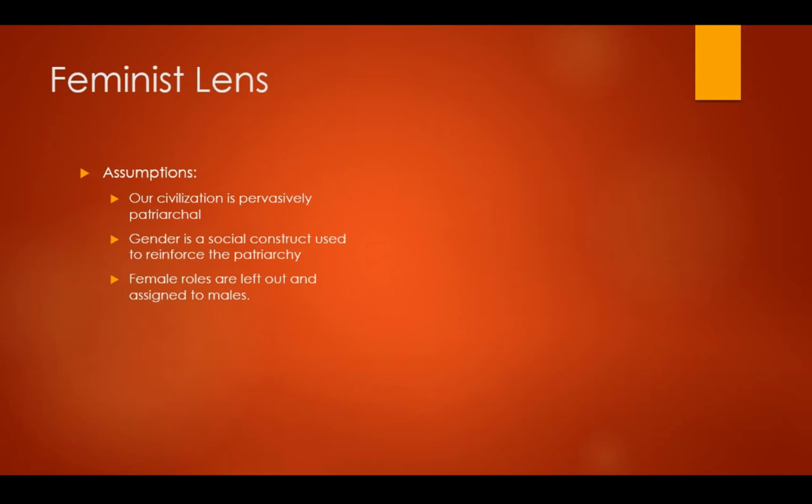To further that, though, we also have to look to the idea that gender is a social construct used to reinforce the patriarchy. Think about characteristics that are associated with being feminine or female. Typically, those characteristics are far less dominant than masculine characteristics.